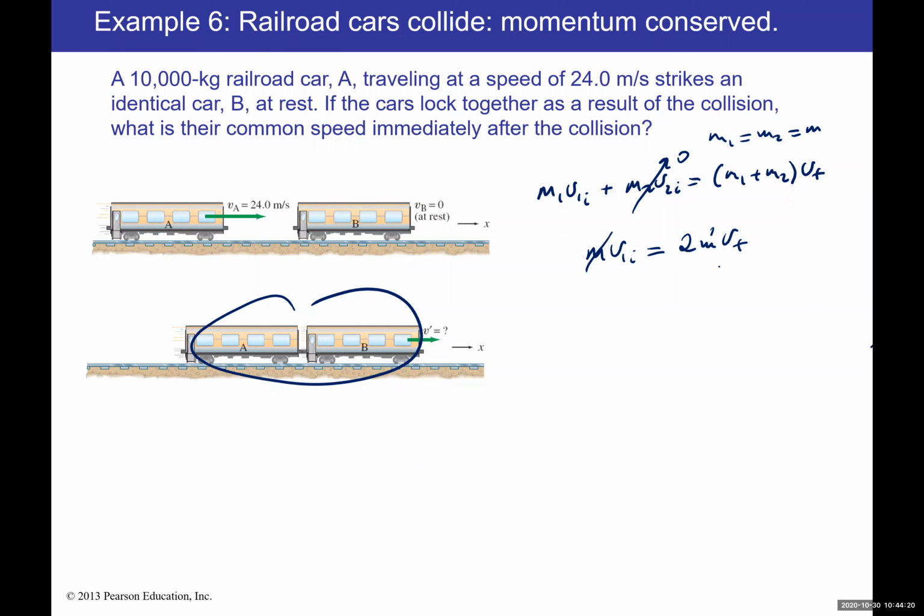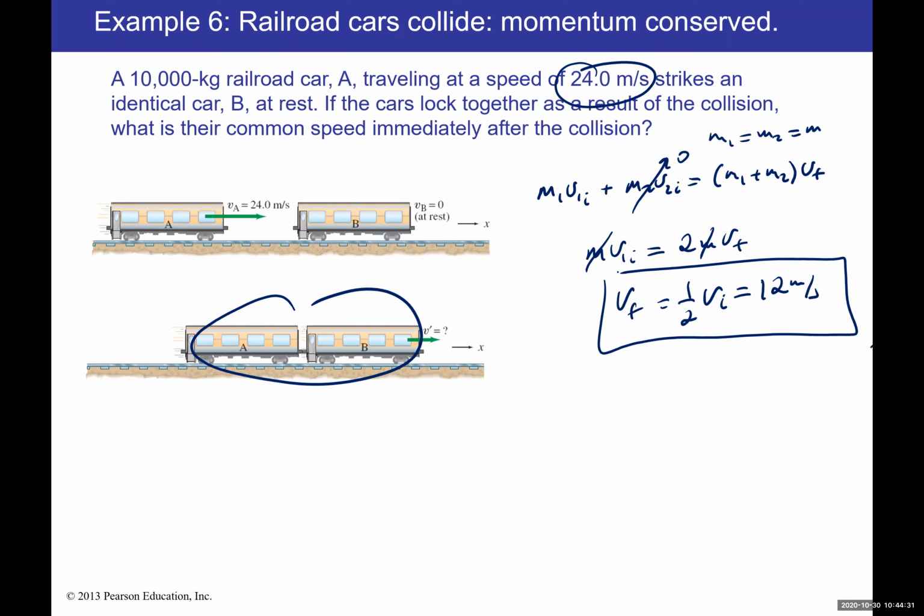We cancel those, then V final equals half of V initial. Since V initial was 24, this is then 12 meters per second. You can see how easy it is to find that information. Using anything else would have been a complete waste of time and a lot more tedious. Using conservation of momentum, just a couple of lines and you have the final velocity.